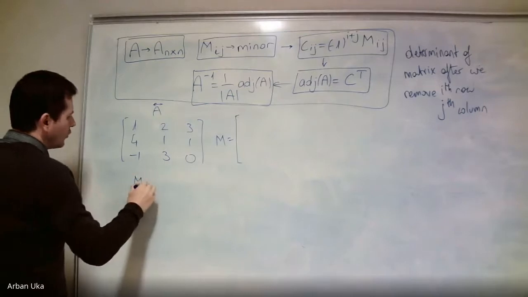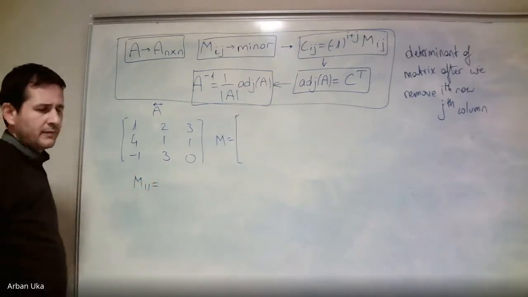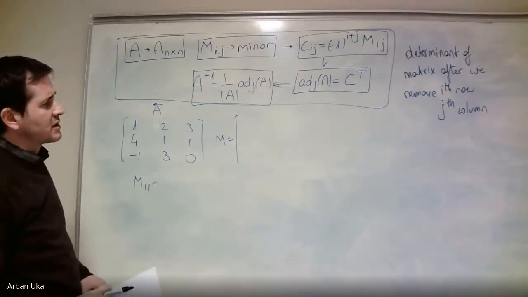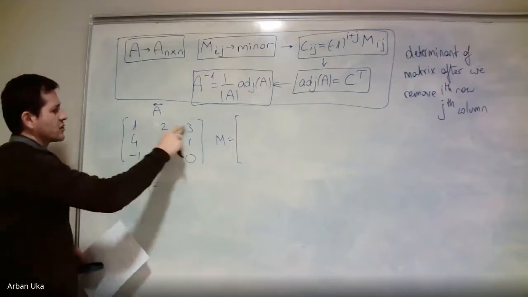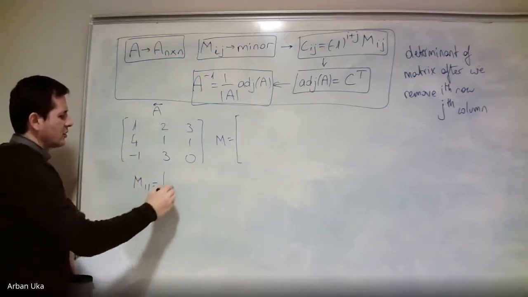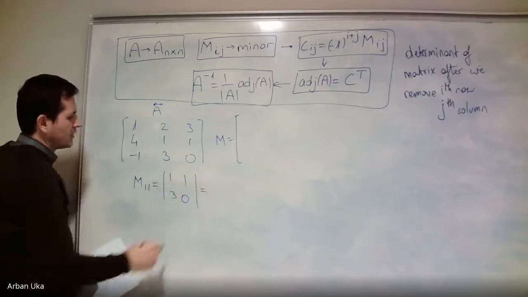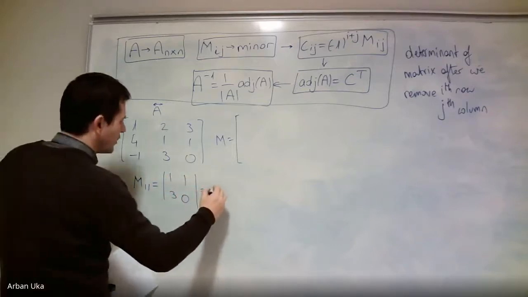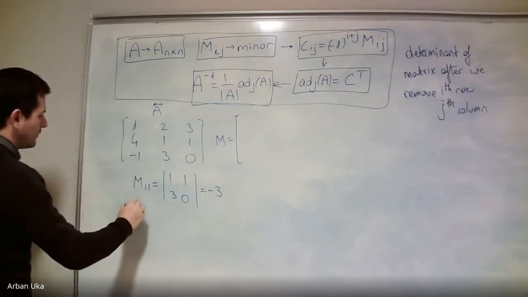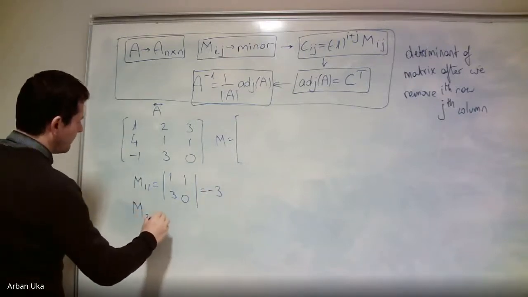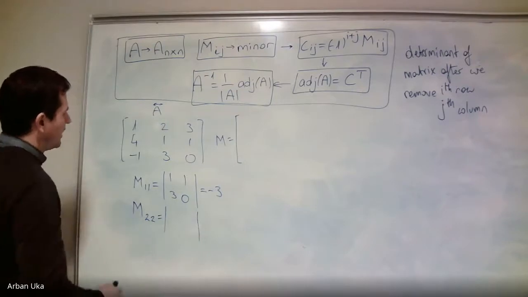So what is M11? M11 is the determinant of a matrix after we remove the first row and the first column. So if we remove the first row and the first column, what do we get? We get this, which means that what is M11? It's minus 3, right? What is M22?